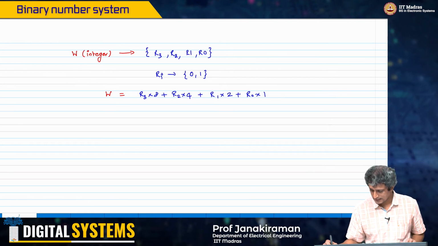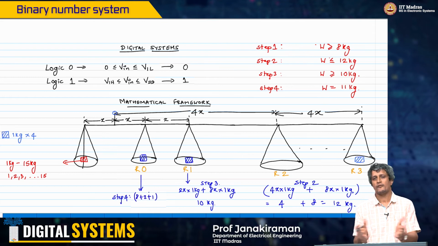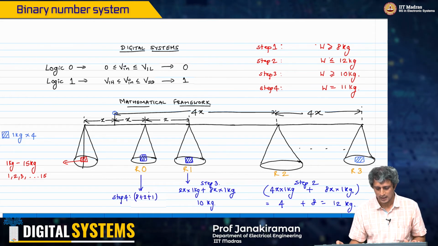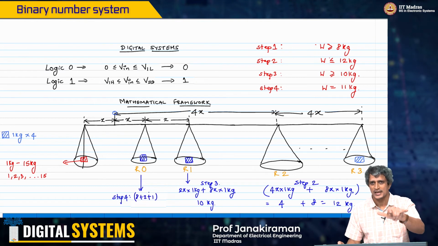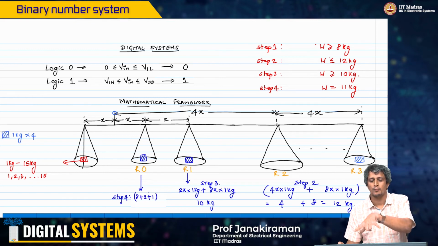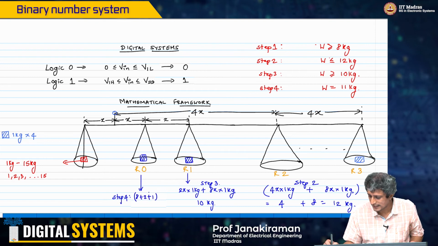That's exactly coming out of the way this balance has been constructed. R0 is at distance x, exactly the same distance as the weight being placed on the left hand side. R1 is placed at a distance 2x, R2 at a distance 4x, R3 at a distance 8x.